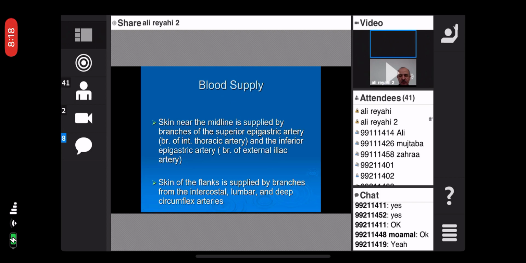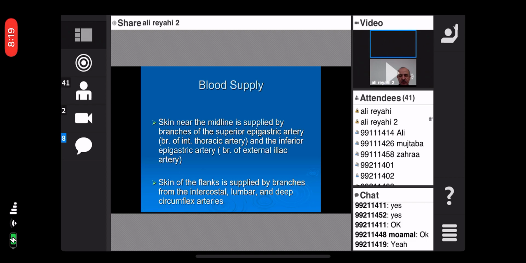The other subject is blood supply. Okay, the skin near the midline is supplied by branches of the superior epigastric artery. This artery is a branch of the internal thoracic artery. I will explain it, okay? And the inferior epigastric artery. Epigastric artery is a branch of the external iliac artery.